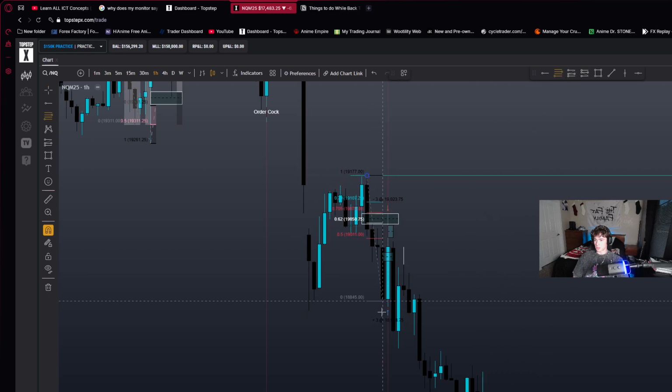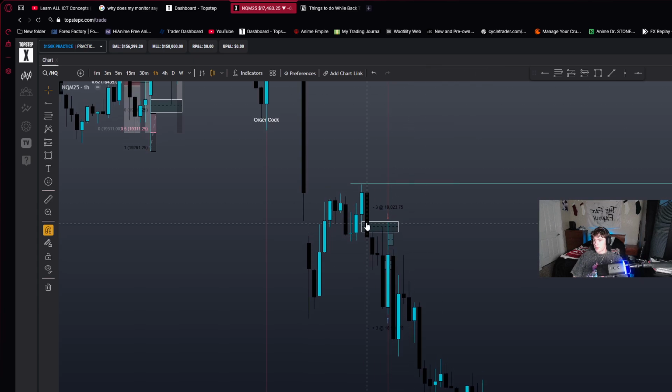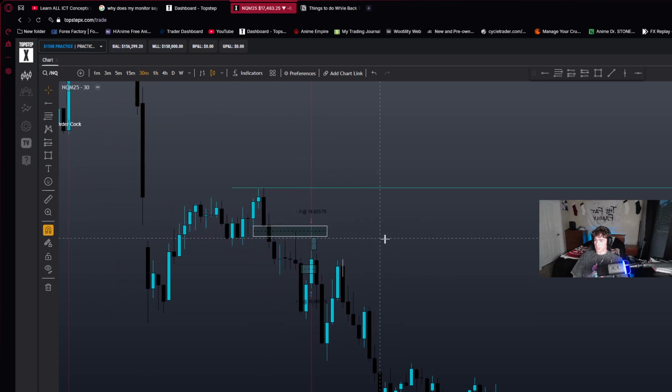If you go to the swing high, price at market open retraces to optimal trade entry. So we have a 1-hour fair value gap right here. That tells us pre-market literally retraces to it.